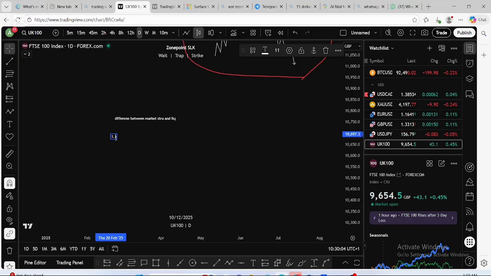So the difference between market structure and liquidity is that one, market structure shows direction. I already explained this initially.